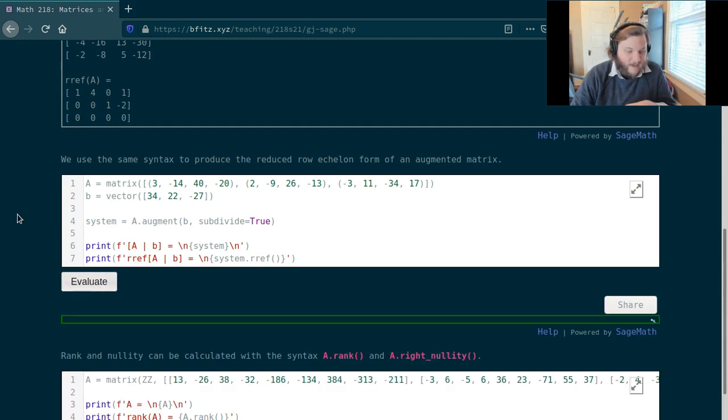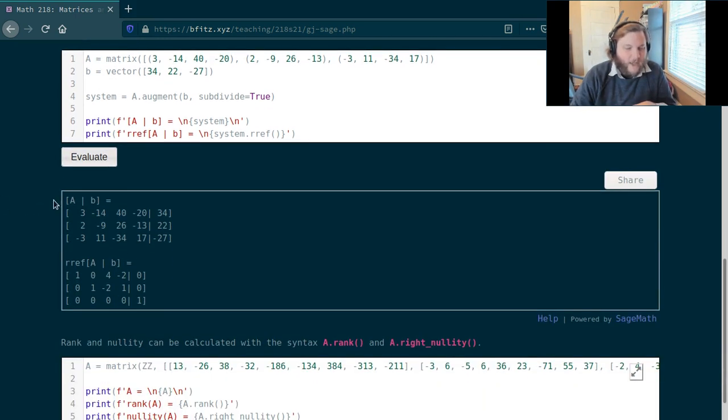So let's click evaluate. Okay, so it looks like I was studying a system that had 3 equations and 4 variables. And keep in mind, the numbers here are pretty bad. It's not obvious when I look at that system whether or not we have solutions. But the Gauss-Jordan algorithm, which Sage implemented, gives me the reduced row echelon form of this system.